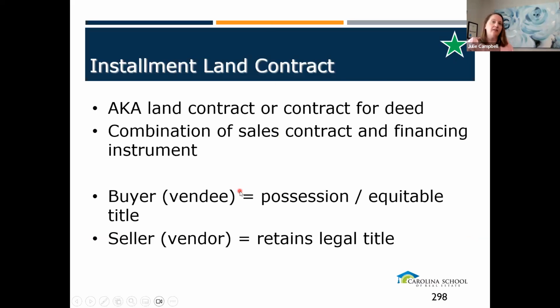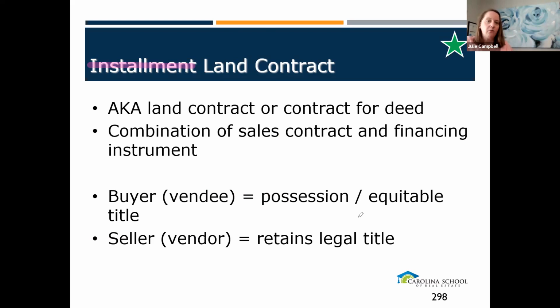With the installment land contract, the buyer's buying and the seller's selling, and the buyer's paying the seller. But the buyer is not paying the seller in one lump sum. The buyer is paying the seller in installments. So we have to agree to the terms. How much am I going to pay you?